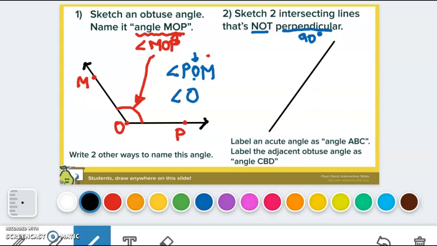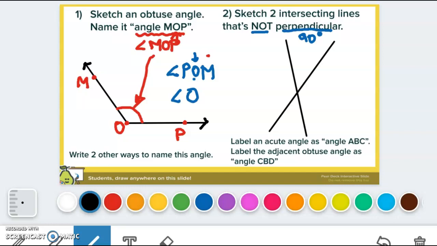And I want it to be fairly vertical so that it is not going to be meeting at 90 degrees. Okay, so that looks pretty good. So these are my two lines that are intersecting. Intersecting means they're just crossing, that are not perpendicular. So the angle they're meeting is not 90 degrees.